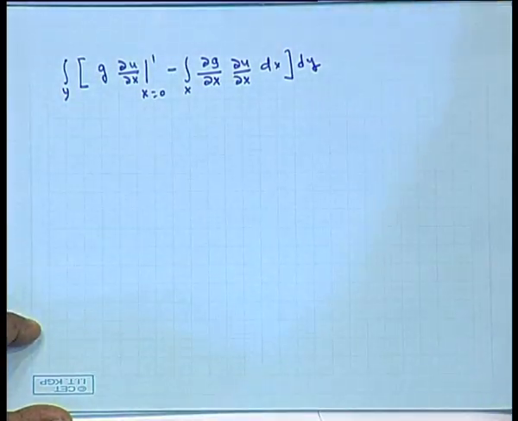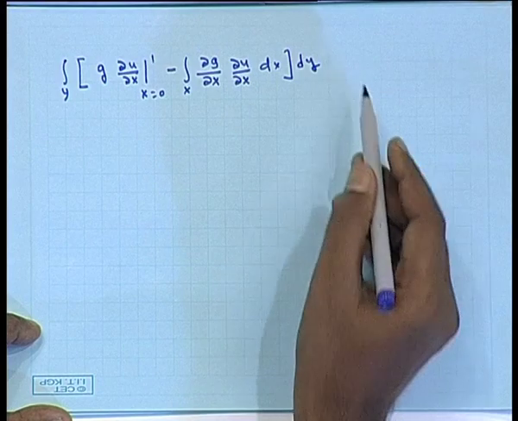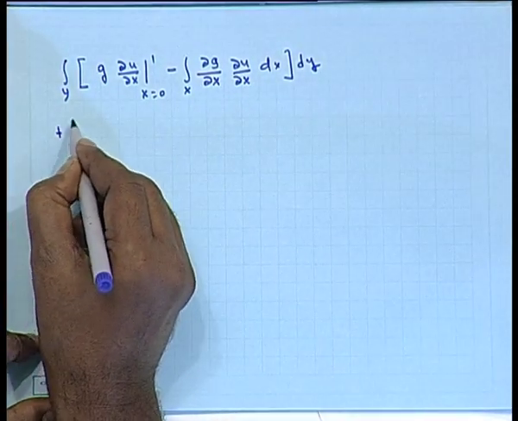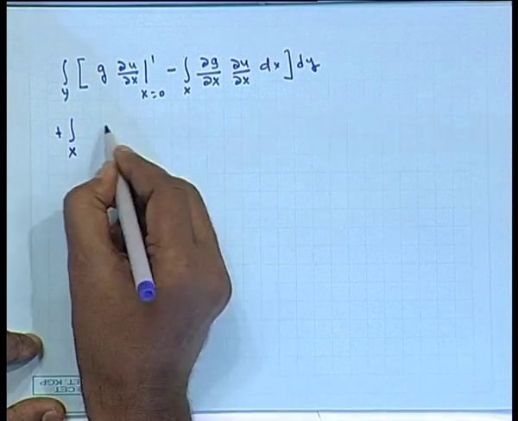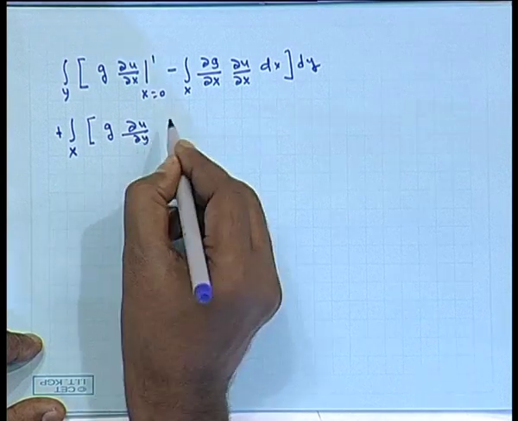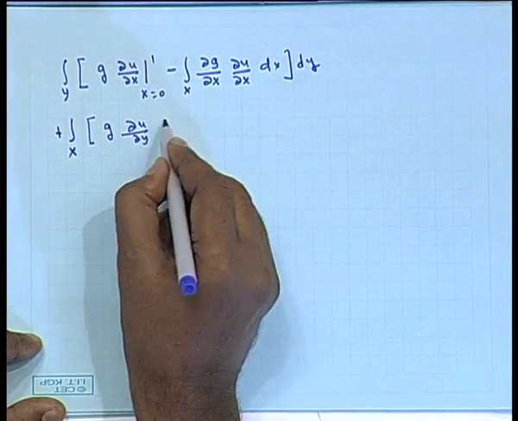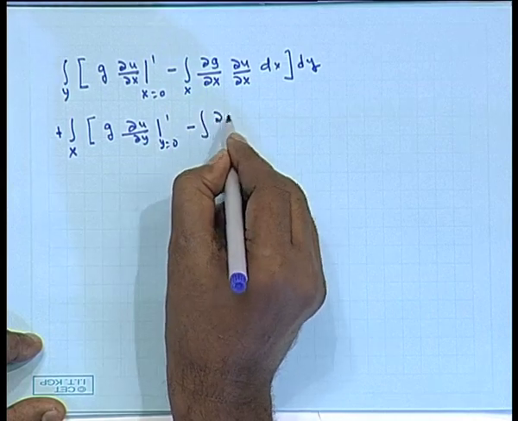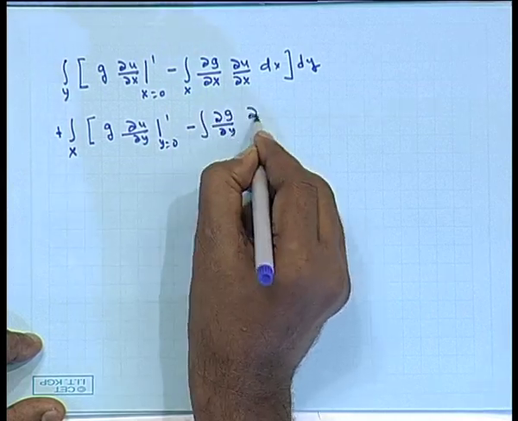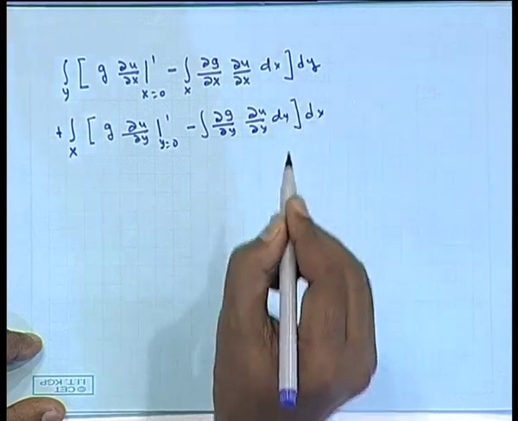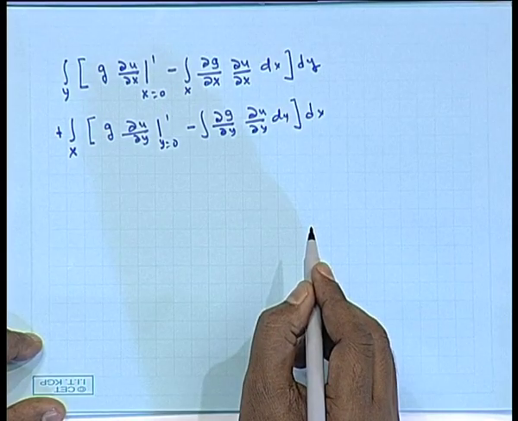The first integral I am doing by parts and the second integral remaining as it is. So, likewise the 4 integrals. So, next one will be x g del u del y from y equal to 0 to 1 minus del g del y del u del y dy dx, right.